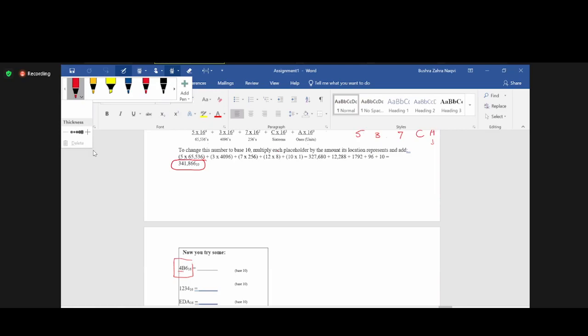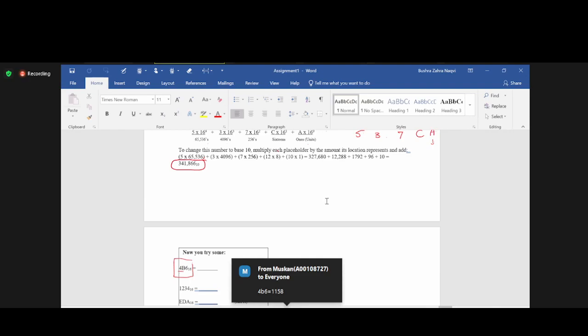Try to convert at least one or two of them into base 10. Just quickly do your math. So type in your answer in the chat box. Do mention the number 4B6.